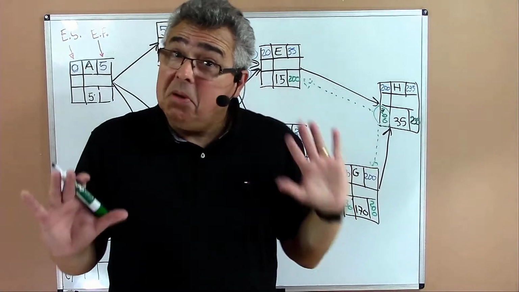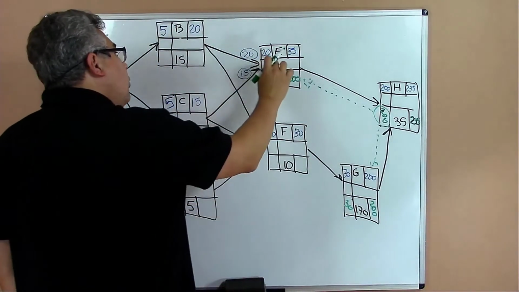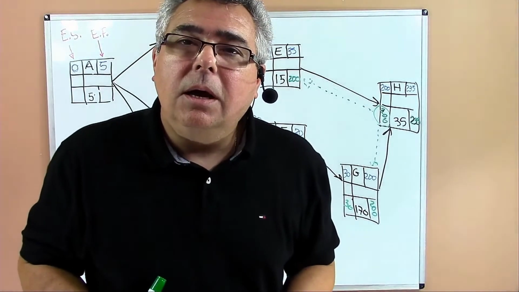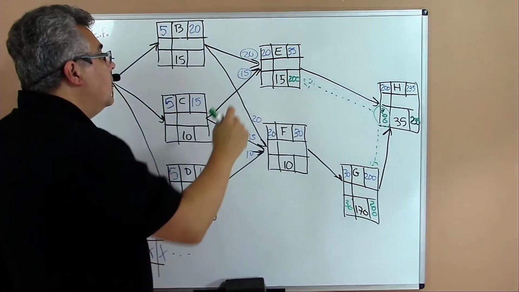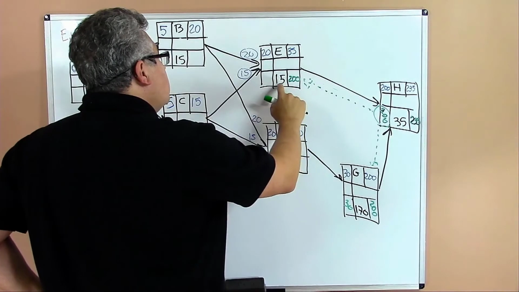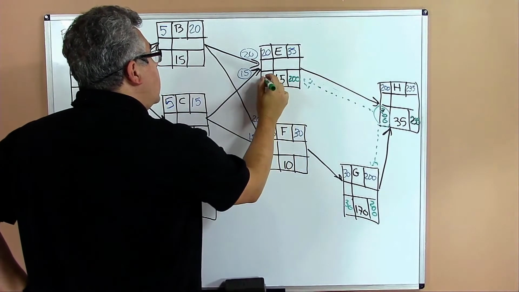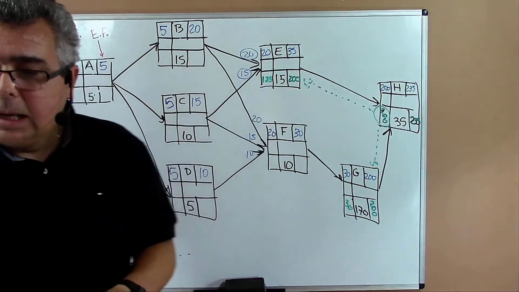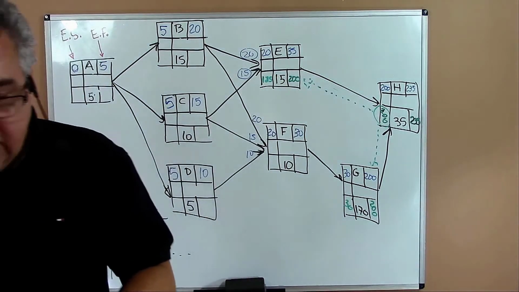That's no news so far. But if you go for activity E, we will see a different picture. 200 minus 15, we have 185.